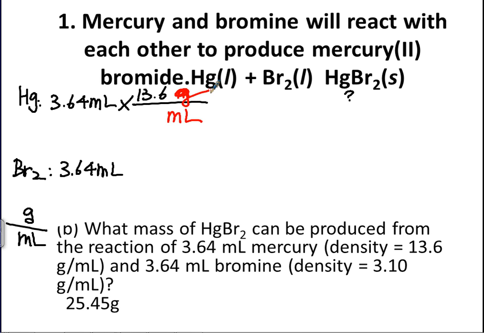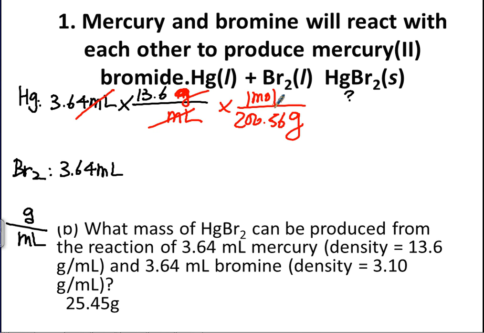What happens to milliliter? So now what do you have? Grams. Now what can you do with that? Convert to moles, using 200.56 grams for every 1 mole. Do the same thing with the limiting reactant: 1-to-1 ratio, find the mass of HgBr2.